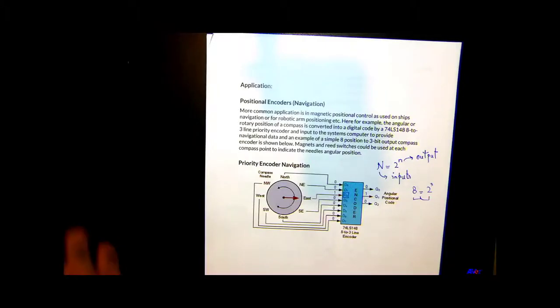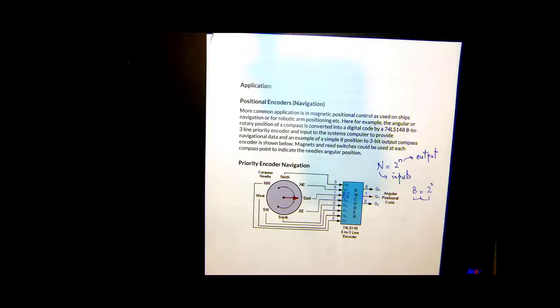If you notice the example that we just did, it was taking one data at one time. Let me discuss one more thing on this example. We are taking 8 bits here, where each bit is connected to one magnetic position. You might feel that it's not the most accurate way of getting position data. So how can I increase that? Say I want to know if there's any degree change in the needle. How can I do that?